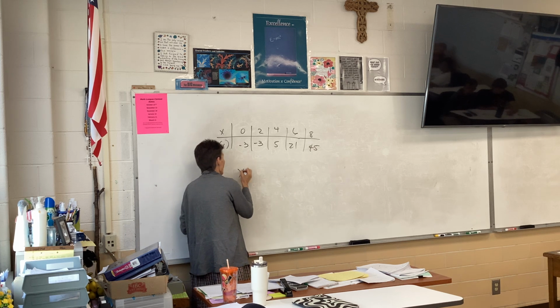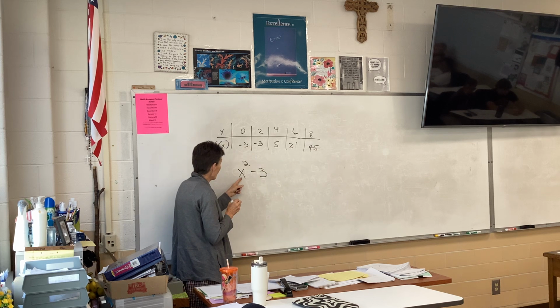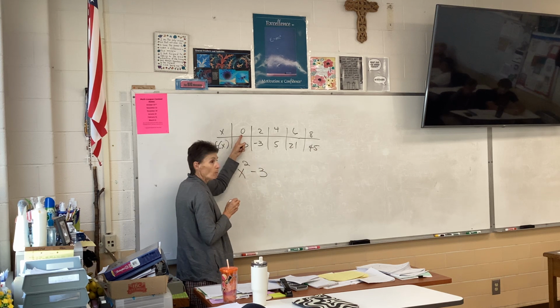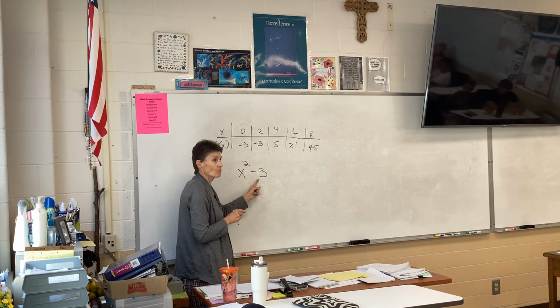So I immediately thought, okay, x squared minus 3. That would work for that point, but it doesn't work for this one. In fact, guys, when I put 2 in, I have to get that same answer, right?